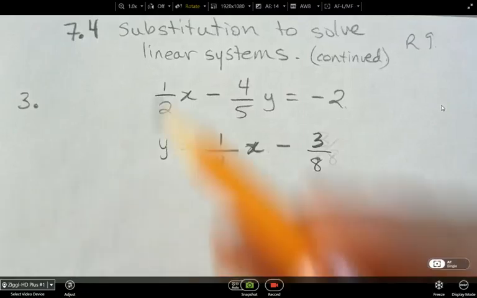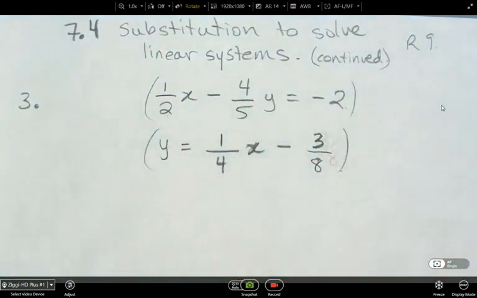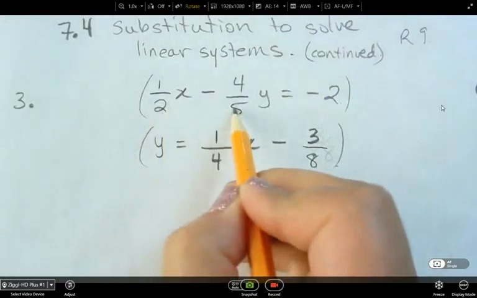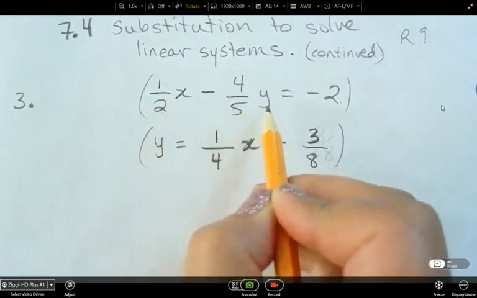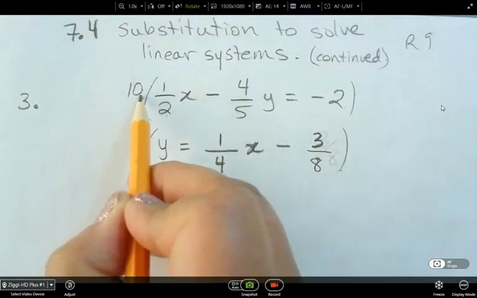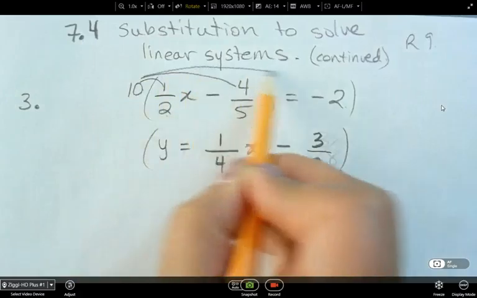But let's do that in this case just because it's a little easier to work with, I think. So what is the lowest common denominator that I could use to eliminate all these fractions? 10. So the answer is 10. I take 10 and multiply it with every term that's here.